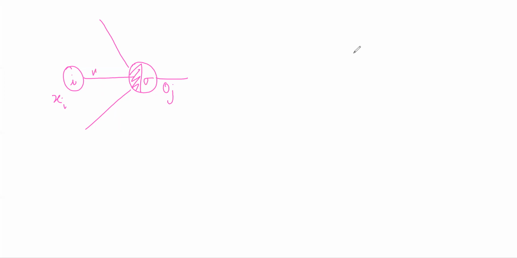I'll write these weights as Wij, or Wji, from the jth to the I. The pre-activation is the summation of xi into wij. So it's a summation of the inputs into the weights. This I will coin as something called net j.